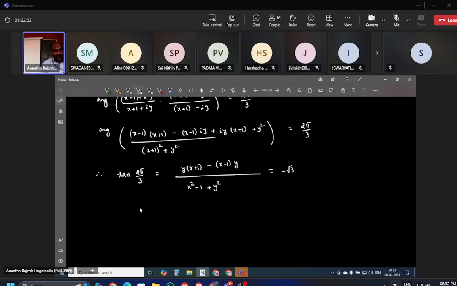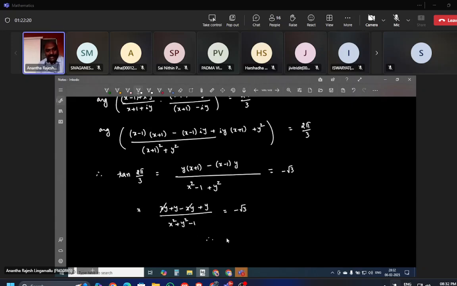Okay. Numerator: xy plus y minus xy plus y, by x square plus y square minus 1, is equal to minus root 3. Excellent. So these two gone.